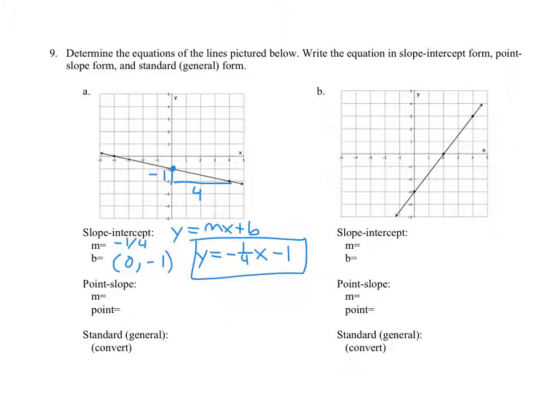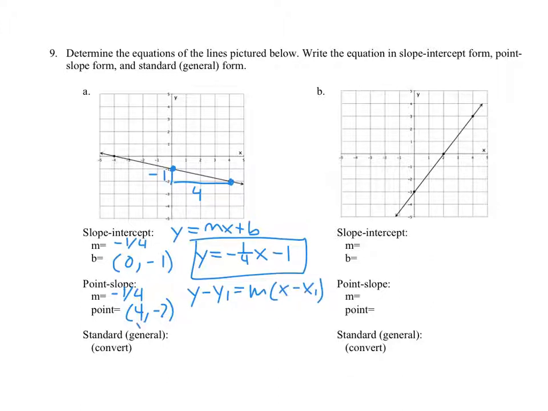Now, writing that equation in point-slope form, we use the same slope, negative 1/4, and we use any point on the line. I'm going to use the point 4, negative 2. And the equation is y minus y1 equals m times x minus x1.